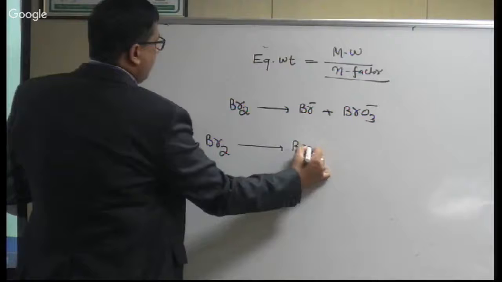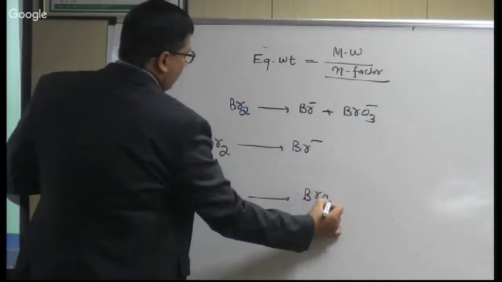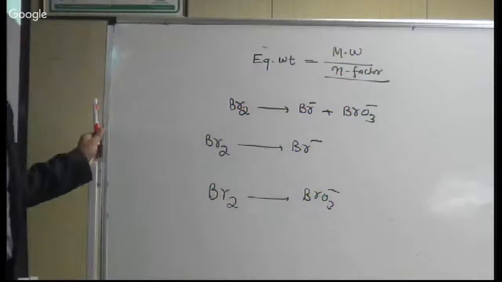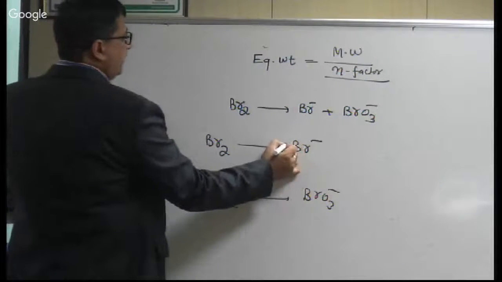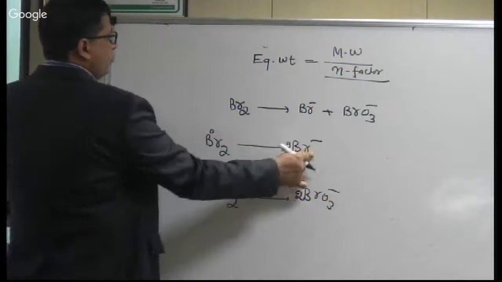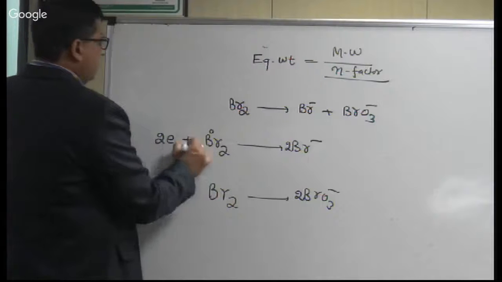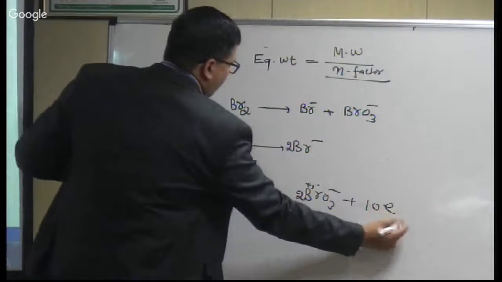So you have to write down two reactions. Now balance these reactions. There are two bromine. From 0 to minus 1, it accepts 2 electrons. From 0 to plus 5, it gives 10 electrons.